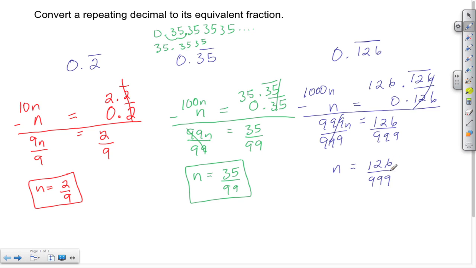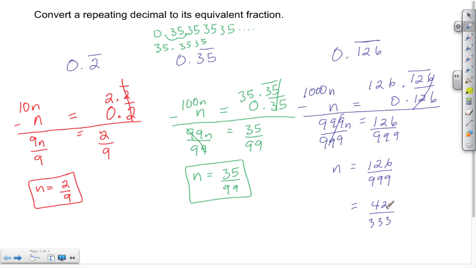But I see I have a common factor of 3, because the sum of each one of these digits is divisible by 3. So I can divide the numerator by 3, and I know all these 9s are divisible by 3. 3 goes into 12 four times. 3 goes into 6 two times. 3 goes into 999, so this is 333.